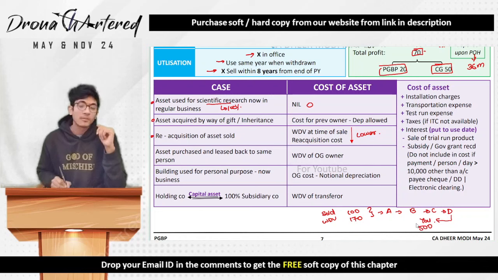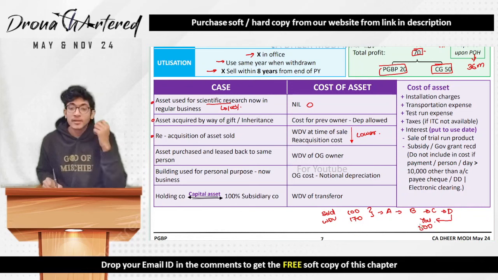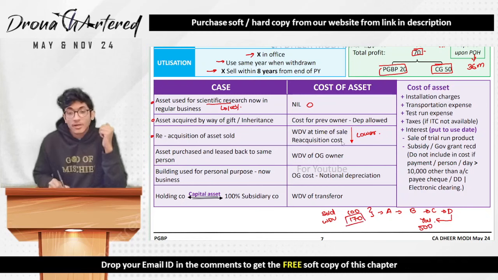In such a case, the cost of acquisition will not be 500 because you have reacquired this asset. The cost of acquisition will be WDV at the time of sale, that means your 170, or reacquisition cost, that is 500, whichever is lower. So in this case, it will be rupees 170.